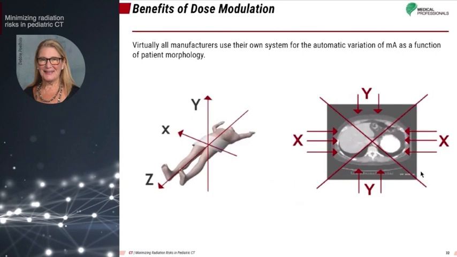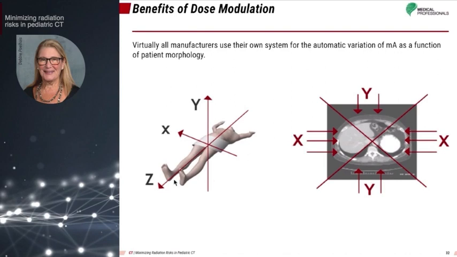Virtually all manufacturers use their own system for the automatic variation of mA as a function of patient morphology. The variation is a three-step process as we look at the benefits of dose modulation. The first step is determination of overall patient morphology. The same dose in mA is used for the entire examination, but distributed according to the morphology type.